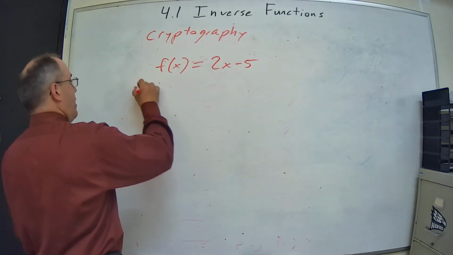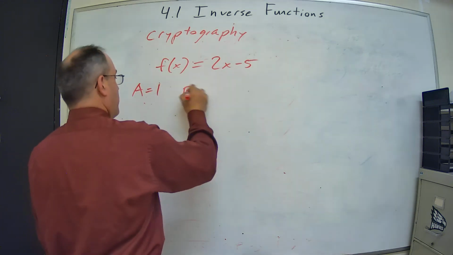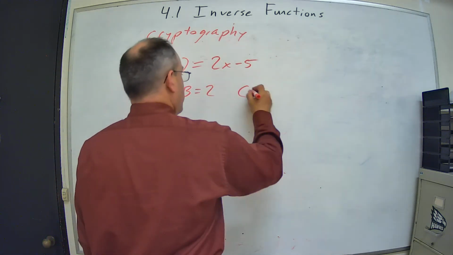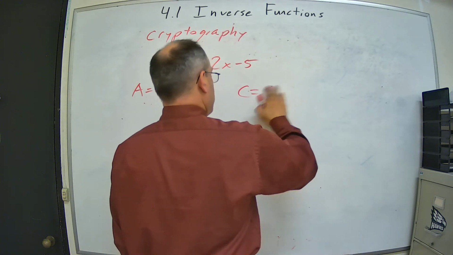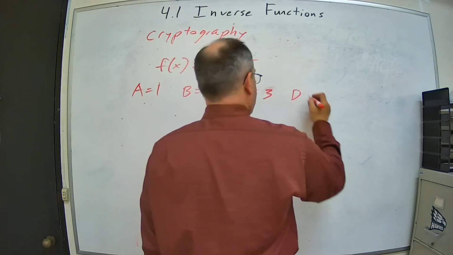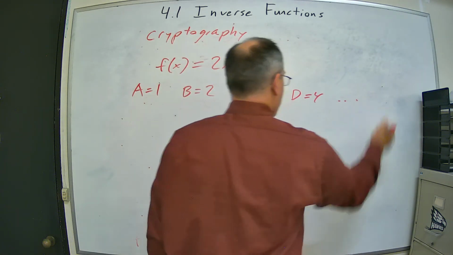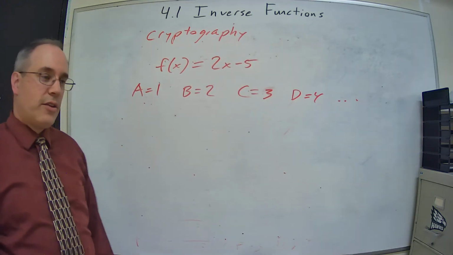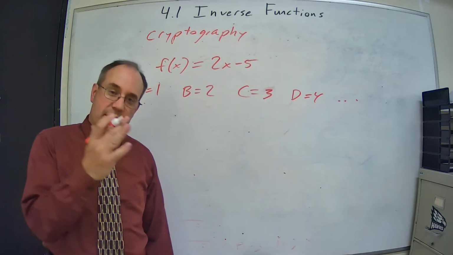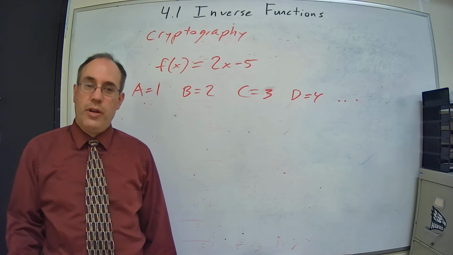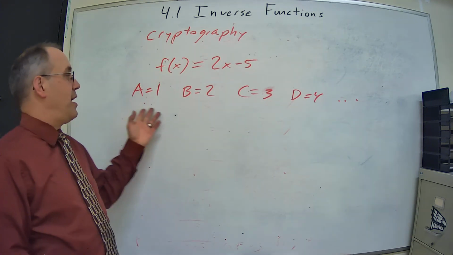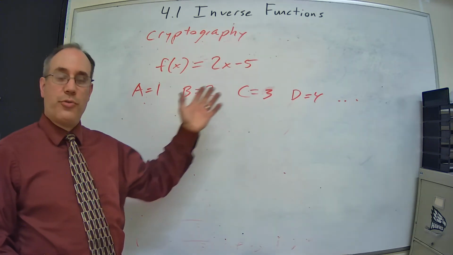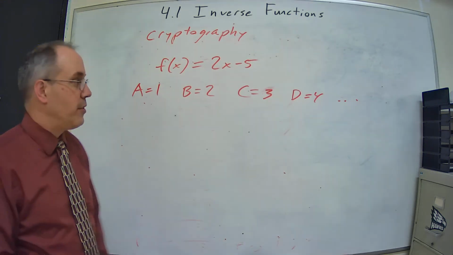And we say, okay, a is equal to 1, b is equal to 2, c is equal to 3, d is equal to 4, etc., etc. So basically we're going to take the alphabet and assign each letter a number in a very simple format, A, B, C, D, E, 1, 2, 3, 4, 5, right?